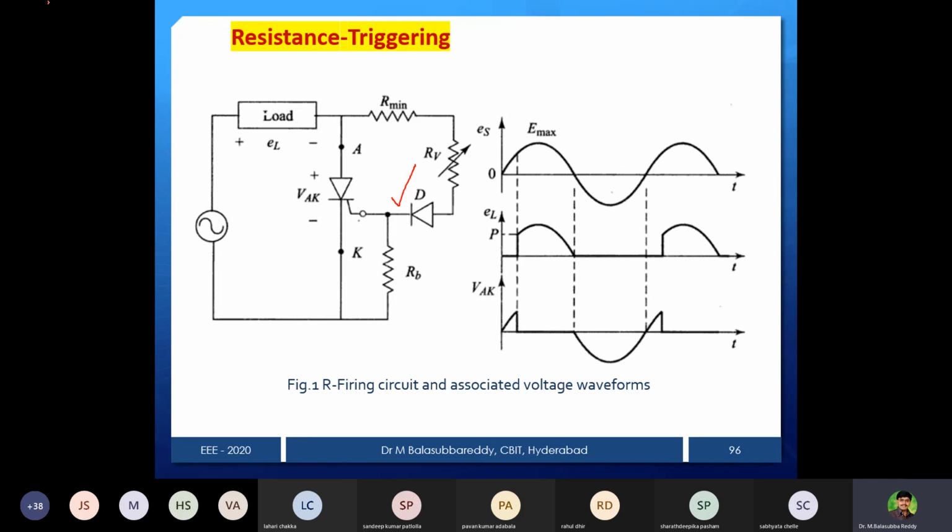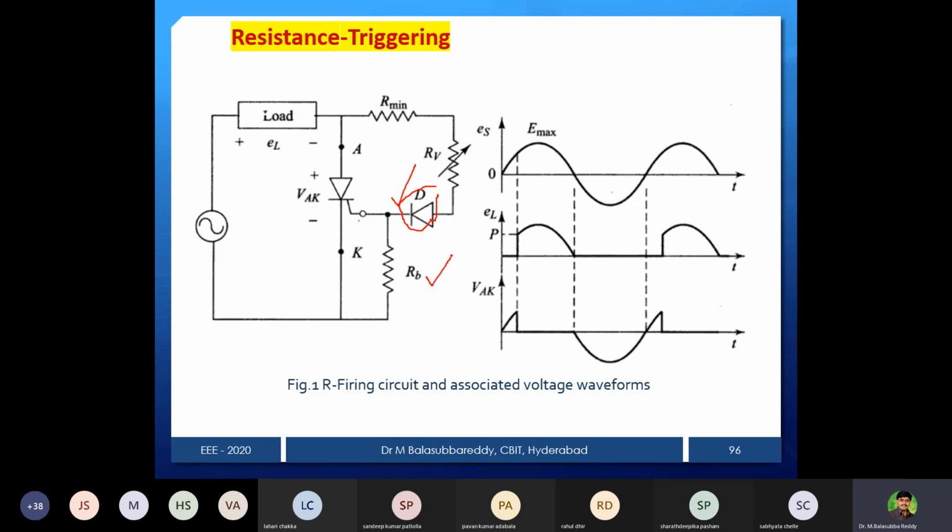To prevent negative current to the gate, we use the diode. During the negative half cycle the diode is reverse biased, so no current passes through the gate terminal. That is the purpose of the diode.